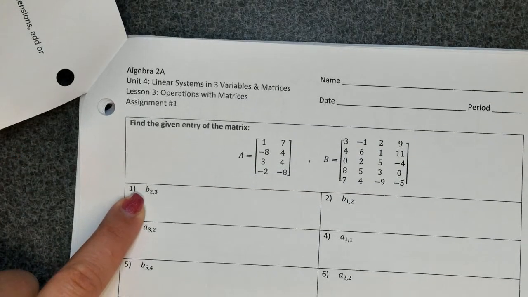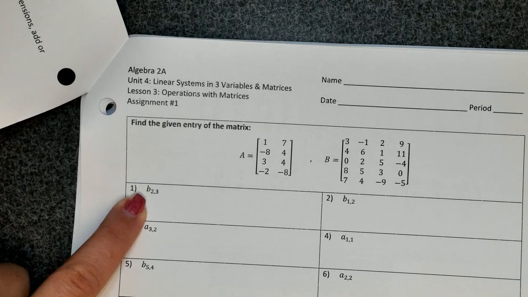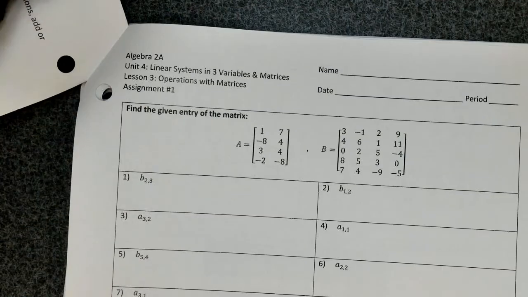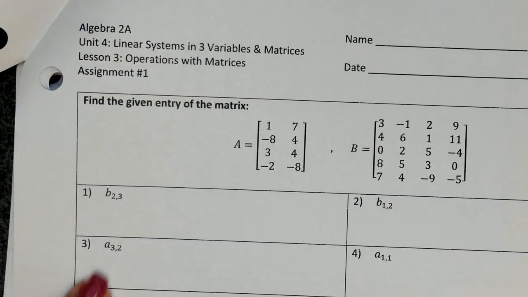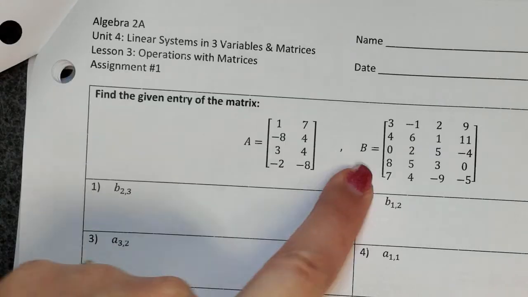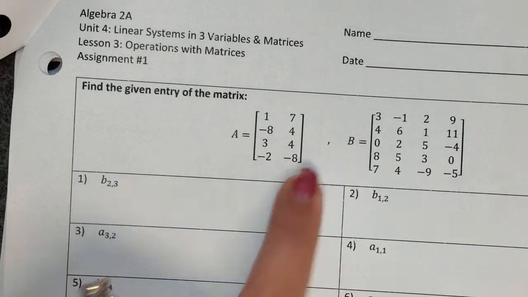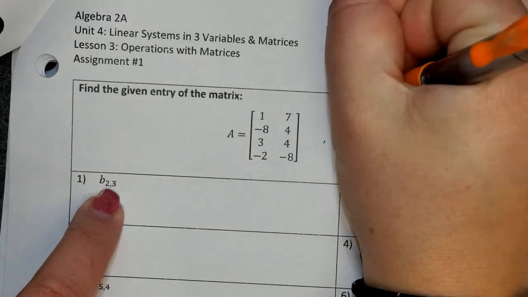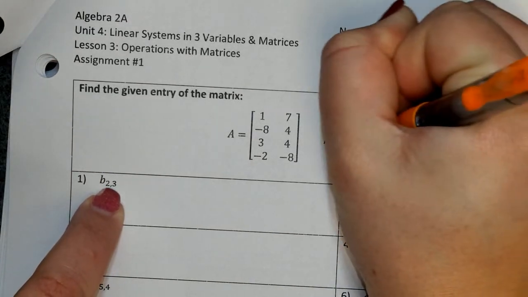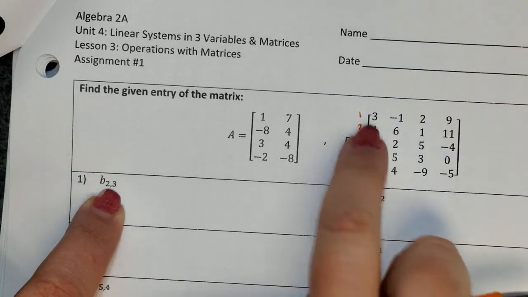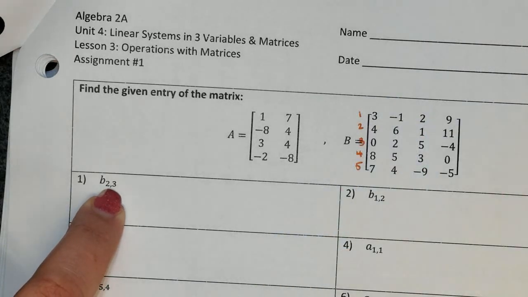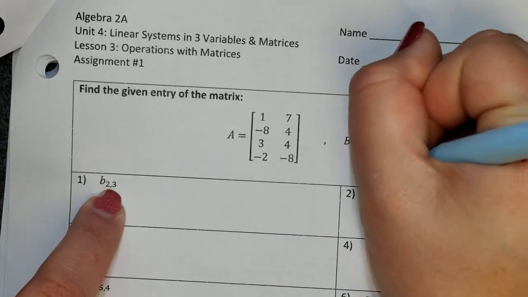So I'll do the number 1 with you and I'll do number 13 with you, and then I'll give you some time to finish them up. Okay? So number 1, which matrix are we going to look at? Matrix A or matrix B? B. And what row are we going to be in on matrix B? Row 2, so it's somewhere in this first row. And then which column are we going to look in?